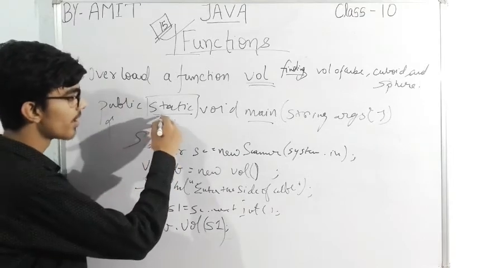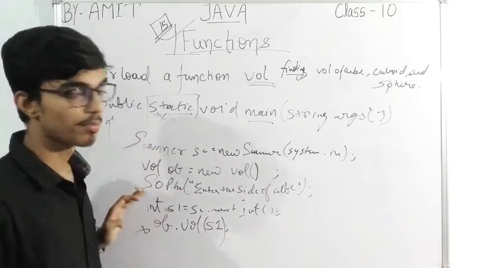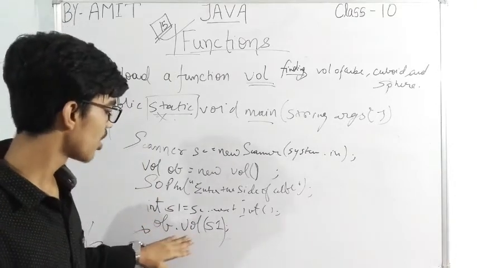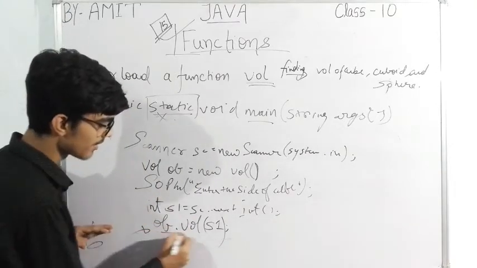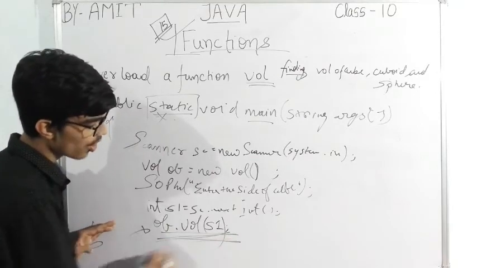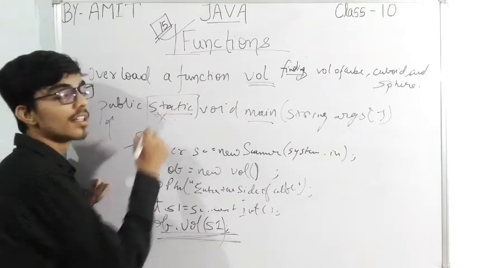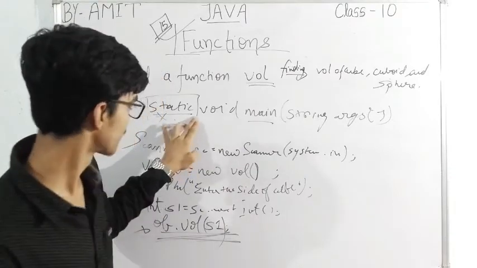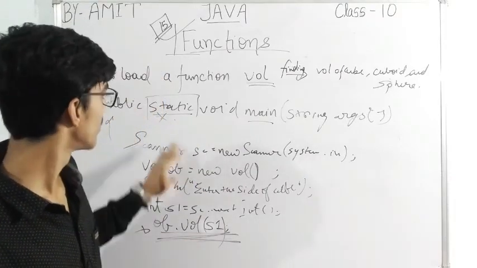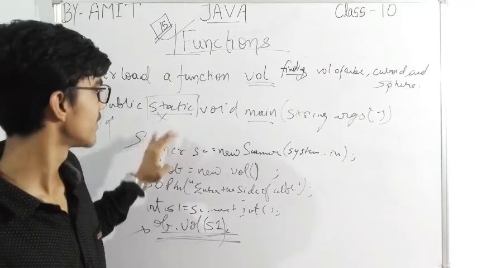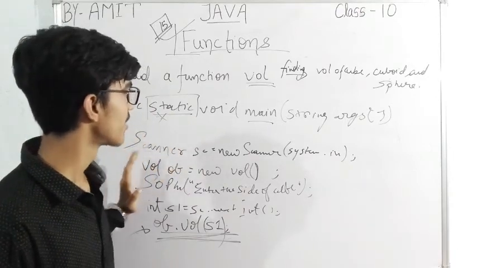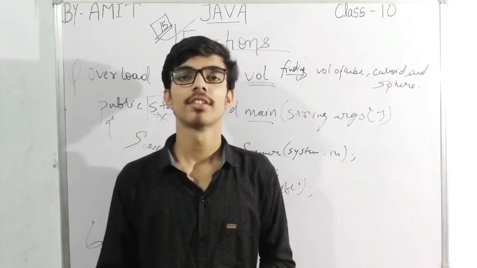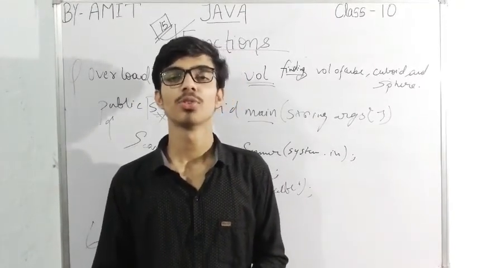There will be no static before the three functions which we have written, because here we are creating an object and static does not allow us to create an object. So we will not write this in that function part. Hope you guys have understood this. This is very clear to all of you.